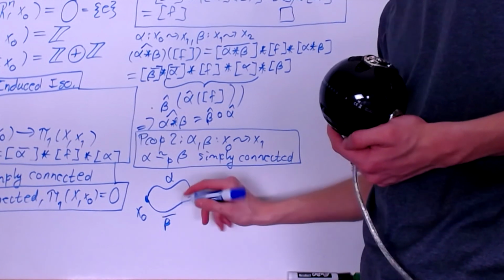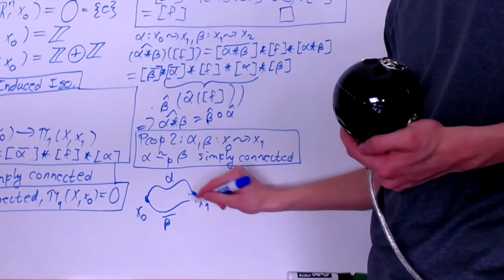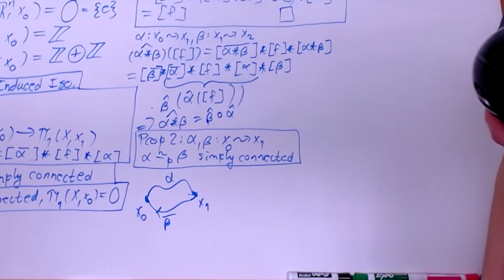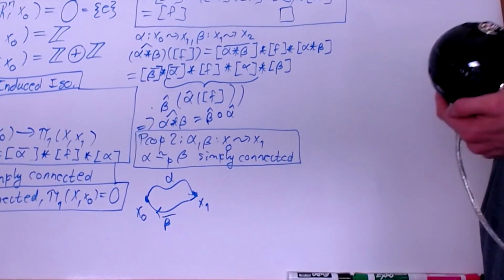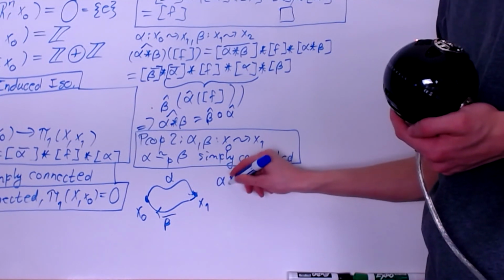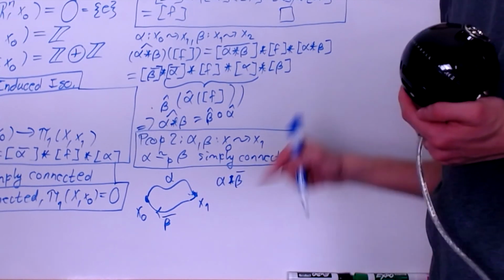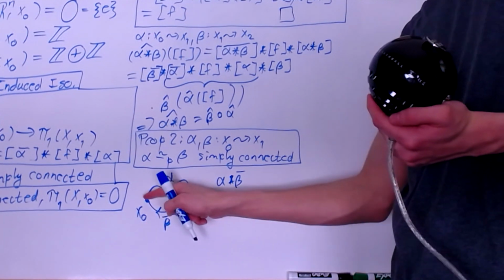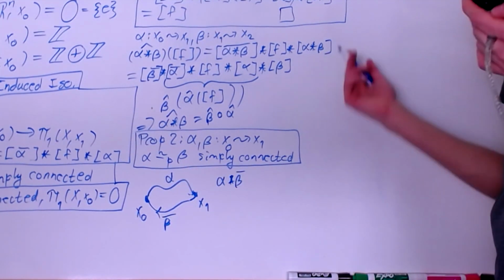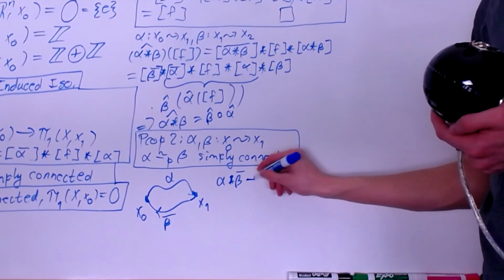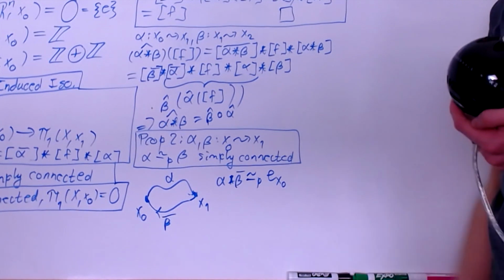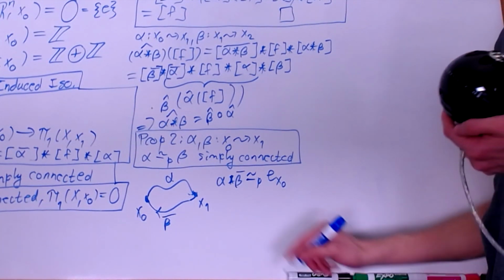Well, I take beta bar, which means I flip the direction of this, so it's going that way instead. And then I can create a loop. I can do alpha star beta bar. And then I get a loop at x0. I go along alpha, and then I go back along beta. And so this loop is thus homotopic to the trivial loop, the constant map.